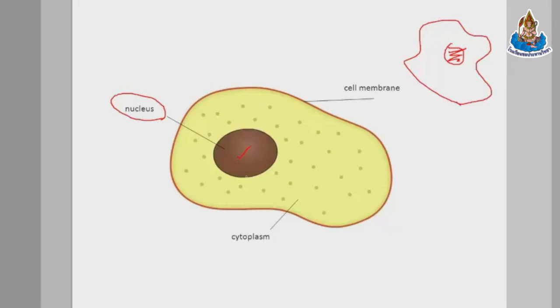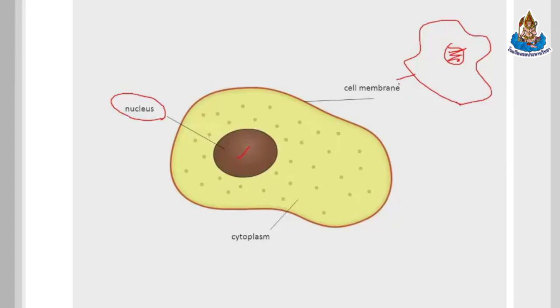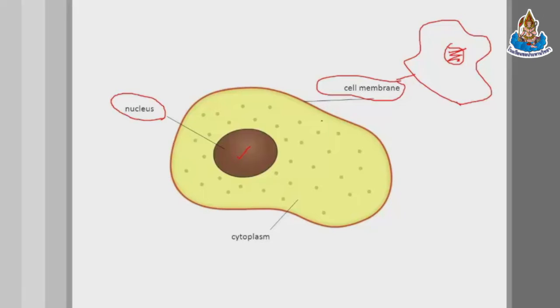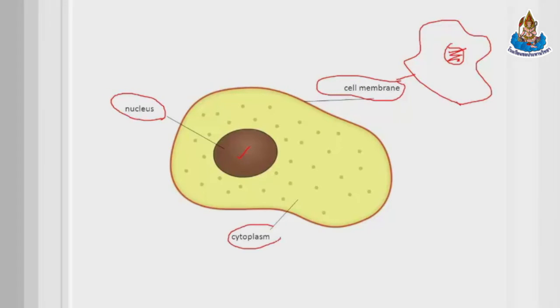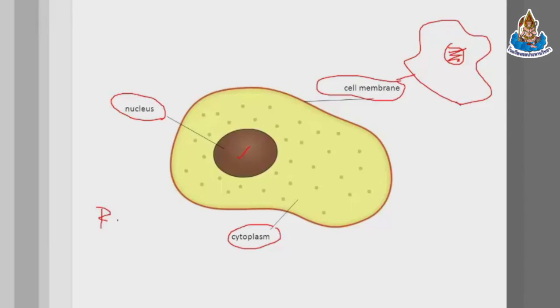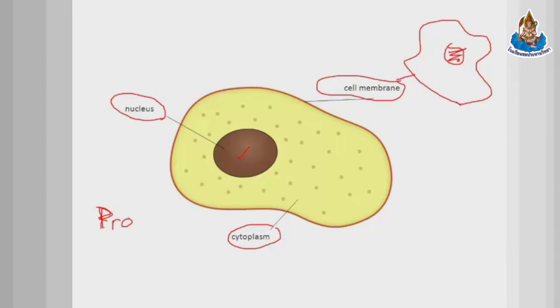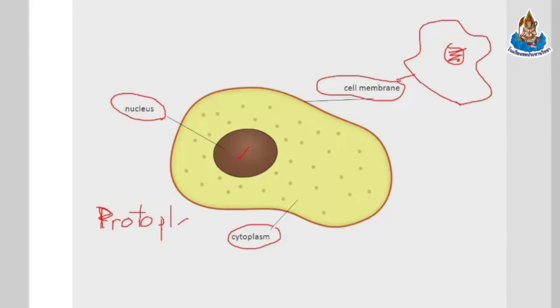And the space in the cell, we call the cytoplasm. Nucleus and cytoplasm, sometimes we can call them protoplasm. These are the basic structures of a cell.